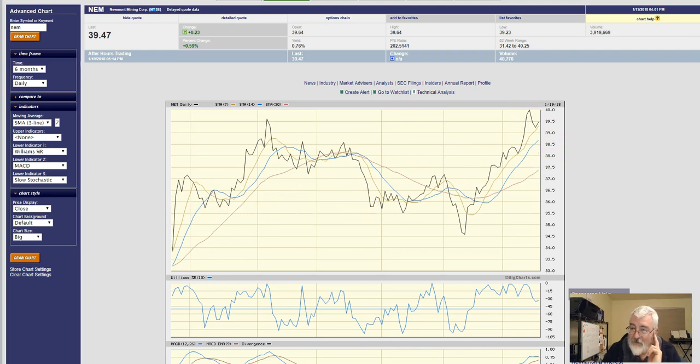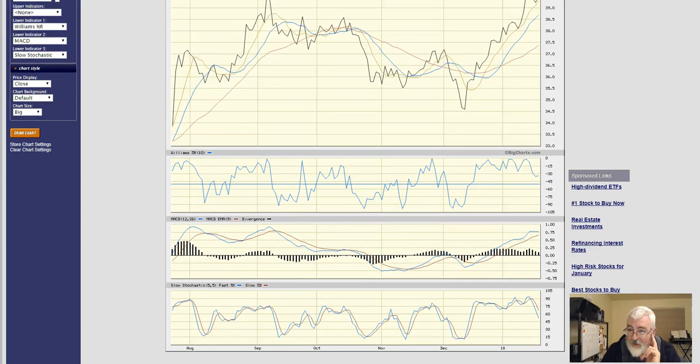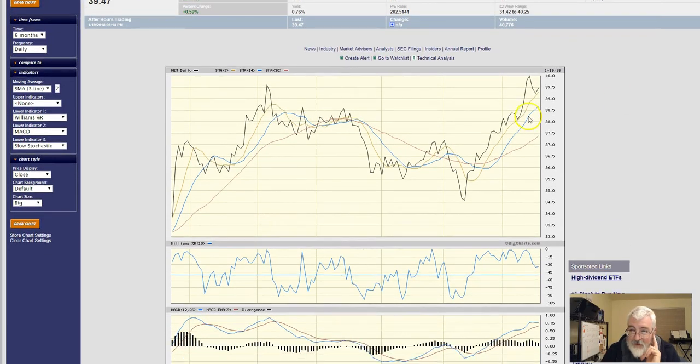There's a very good chance that it might continue going up. See how it's just rocketing up here? And there's a little dip coming back up. Here it's going down. So you've got mixed signals that it might start going down a little bit, but you get this overall trend showing up.